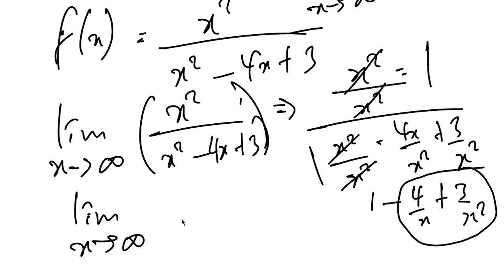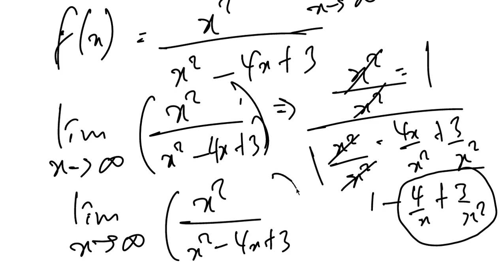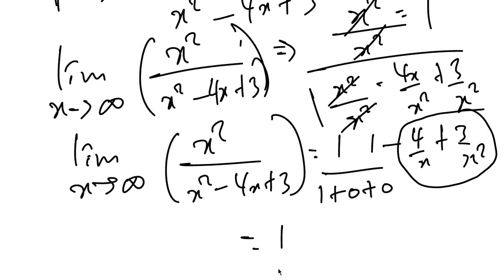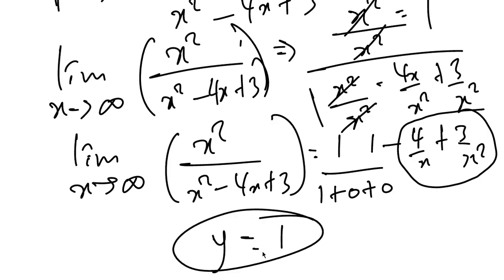So basically, you can say that the limit as x tends towards infinity of x squared over x squared minus 4x plus 3 is equal to 1 all over 1 plus 0 plus 0, because all others will tend to 0. And that is actually 1. y equal to 1. That's the value.